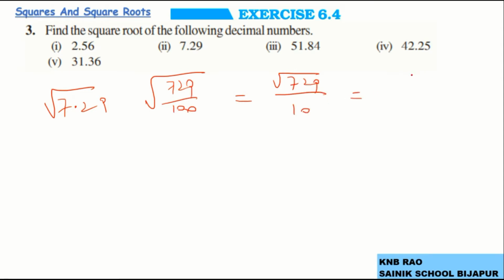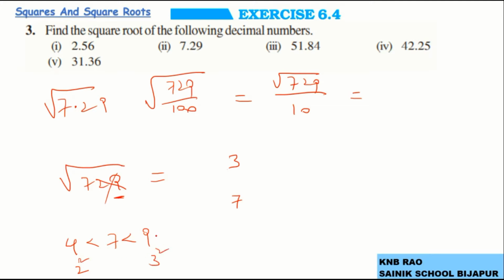Square root of 729 by the shortcut: since it is ending in 9, certainly its square root ends in 3 or 7. Now leaving these two digits, the rest lies between 4 and 9, which is 2 square and 3 square. So 4 is less than 7, so 2 is to be chosen. So it is either 23 or 27.